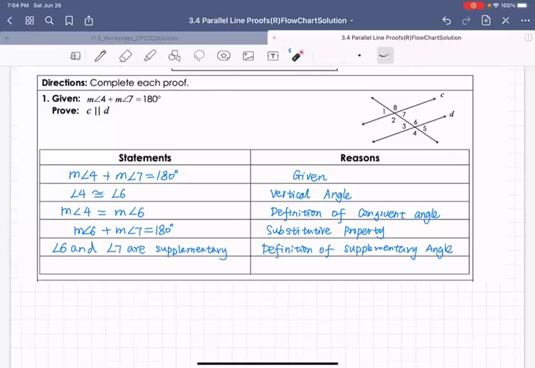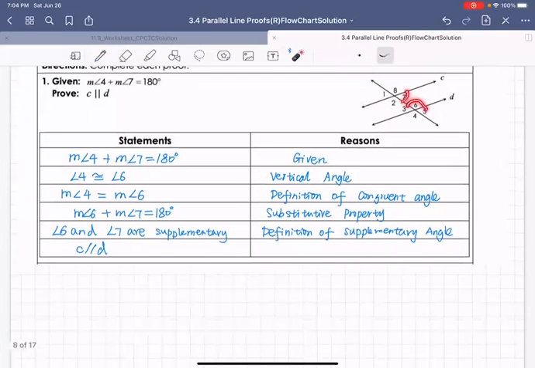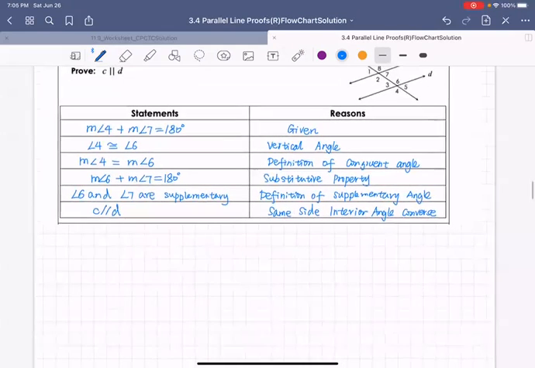Last step. Given these two angles are supplementary, we get C and D parallel. Supported by what? Same side interior angles converse. Very good, very good. Same side interior angle converse.